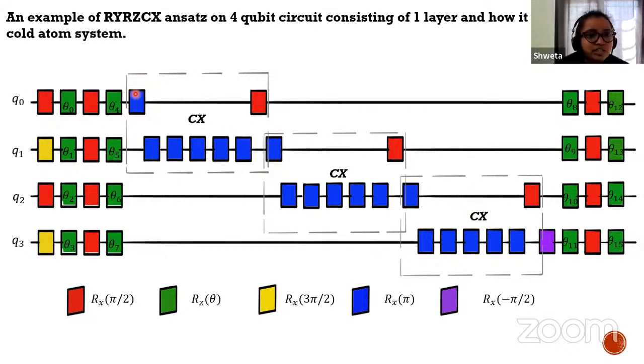So the first pulse, which is the RX pi, will be applied here, and after that in succession these 5 pulses will be applied on the Q1 qubit, which are RX pi gates only. And after that, here we must apply RX pi, but when it combines with the minus pi by 2 pulse around for the RY gate, it will give us again an RX pi by 2 gate. So that's how these contribute to give us a CX gate, which is the CNOT gate.